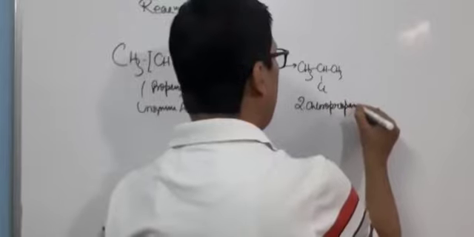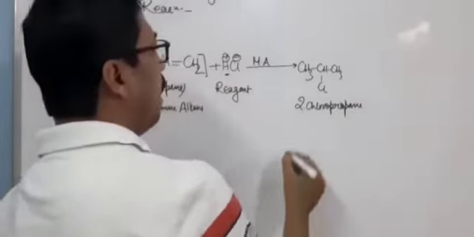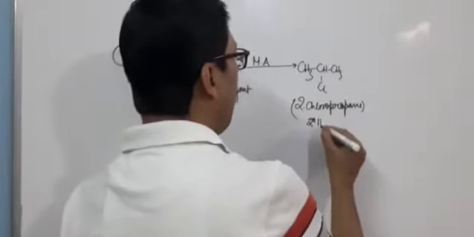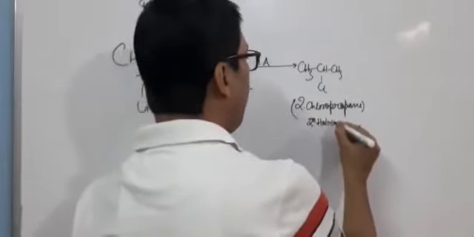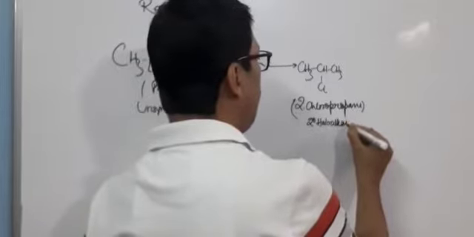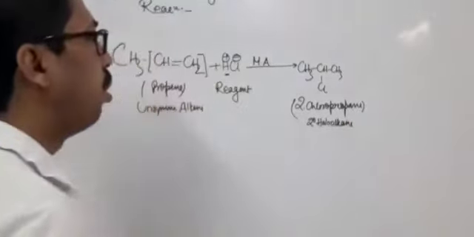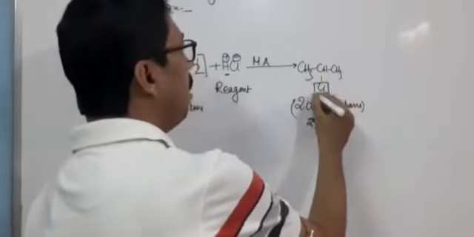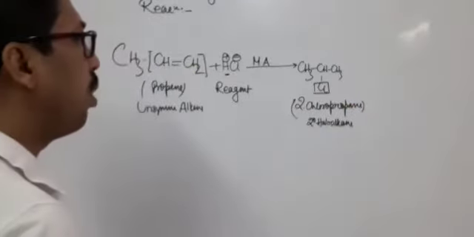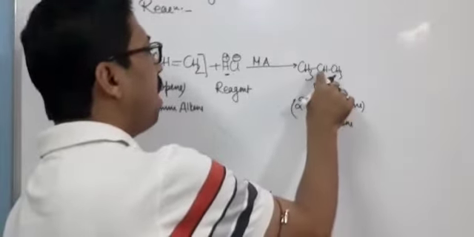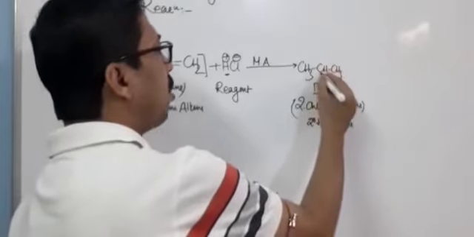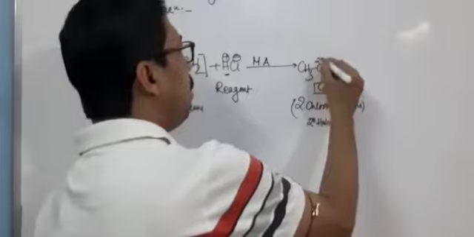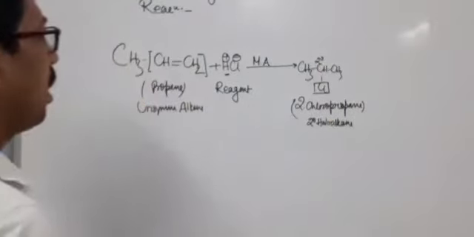It is 2-chloropropane, and it is an example of 2-degree haloalkane. Now, if you want to know why it is called 2-degree haloalkane, let us consider the halogen atom, that is chlorine, and this halogen is attached with this carbon, and this carbon is attached with 2 adjacent carbons. So it is 2-degree haloalkane.